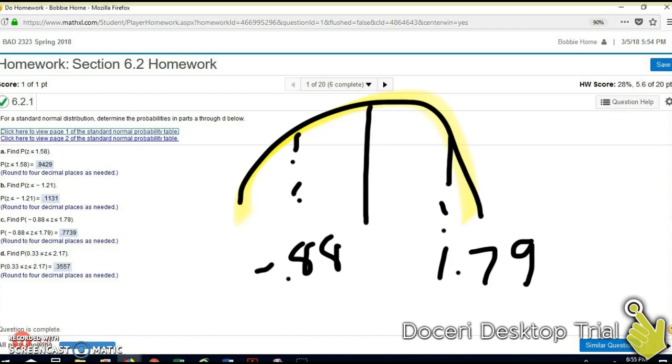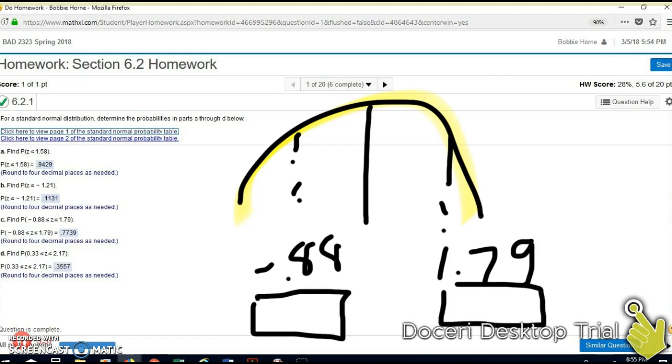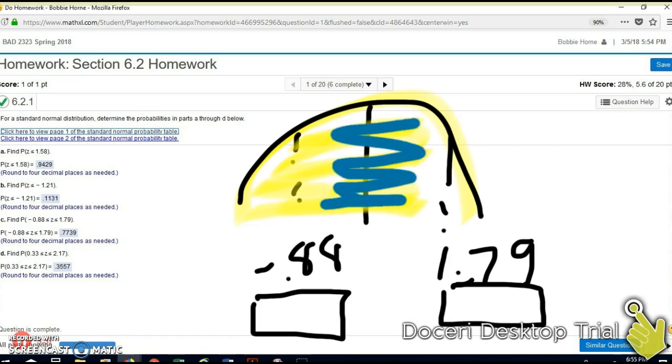We want the probability in between these two numbers. So we have to get the z-score for this one and the z-score for this one. But when we get the z-score for 1.79, it's going to include everything. What we really only want is everything in between here.